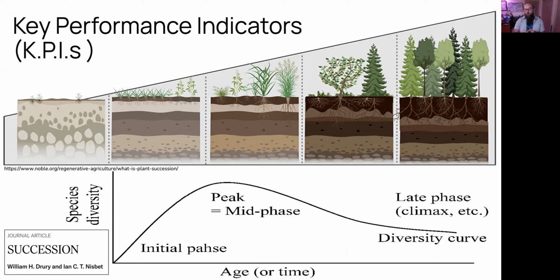As you go along the gradient and get into the dominance of just a few kinds of trees and a few kinds of fungi, then you're going to see the diversity of your microbial community, your insects, a number of different things decline, right? So I want us to have that discussion about succession, but also understanding this dynamic.